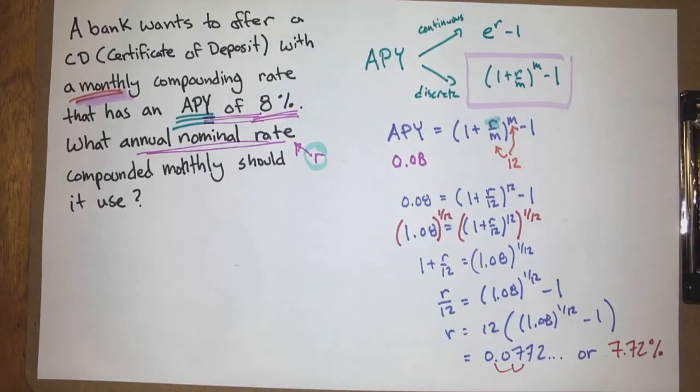So that says, look, we have an interest rate of 7.72% compounded monthly, which is equivalent to saying that it's going to give you an annual percentage yield of 8%.